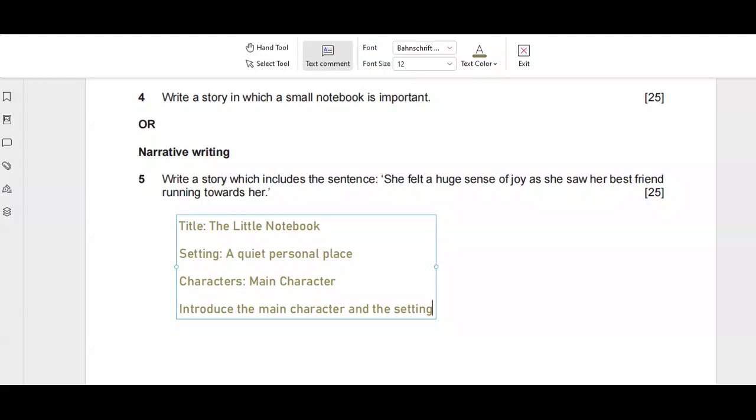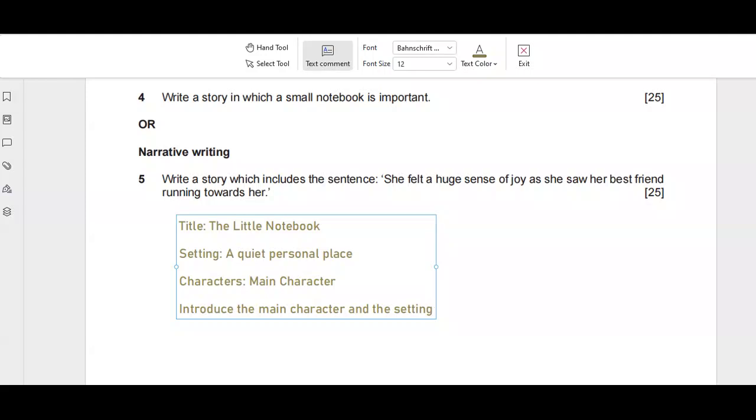And similarly, you can describe the emotions accordingly. Moving on to the ending, like how you're going to end it. You can reveal the unexpected meaning of that notebook. It could contain a message, a clue to solve a mystery, or even a personal note that might change the narrator's perspective.